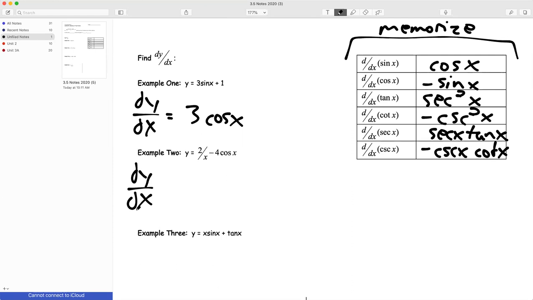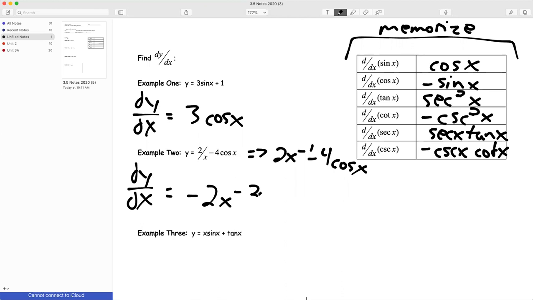So this one, I'm going to rewrite this as 2x to the -1 minus 4 cosine of x. And I'm going to do a little power rule on the first one here. So -1 times 2 gives me -2x to the, so I'm going to subtract 1. -1 minus 1 is -2. And then same thing here.